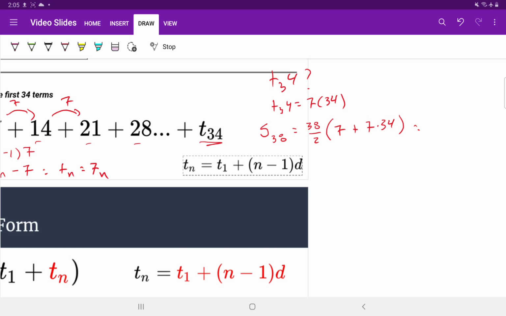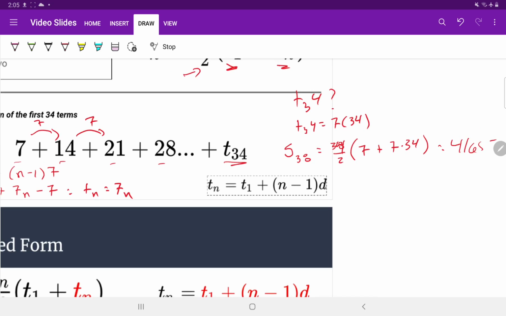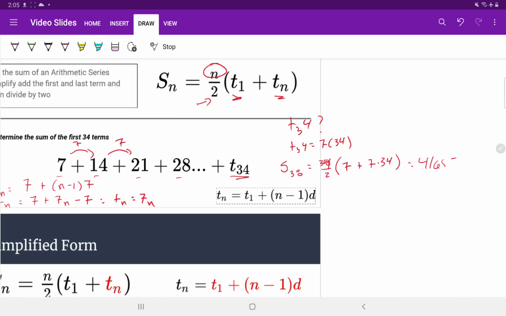So 7 times 34 plus 7, all divided by 2, which gives me the sum of the first 34 terms as 4,165. Okay, imagine trying to do that by actually going 7 plus 14 plus 21, okay?